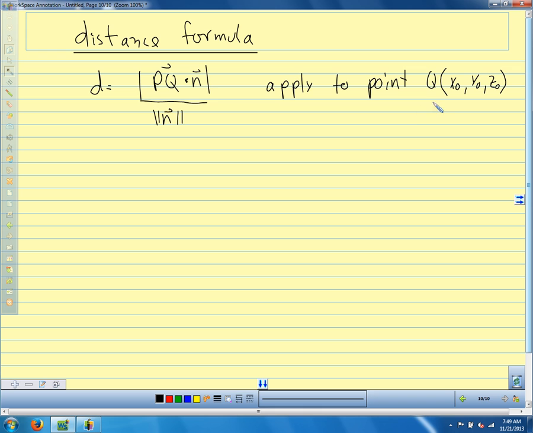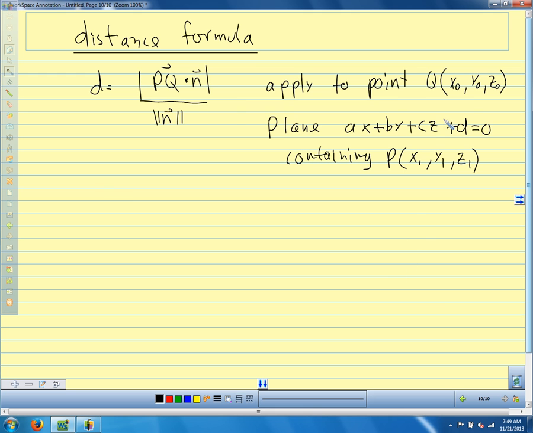So this is our point that's not on the plane. Our plane is ax plus by plus cz plus d equals 0. So that's our equation for our plane, and it contains the point P, x1, y1, z1.